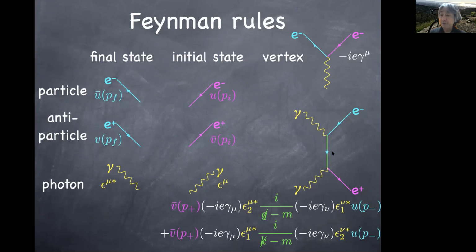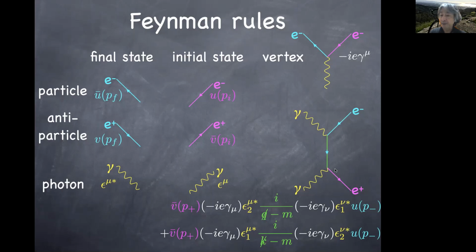Then I have this electron propagator in between in green, where the 4-momentum q of the electron propagator is the initial electron momentum p minus the photon 4-momentum q1. So p minus q1 is this q for the virtual electron.